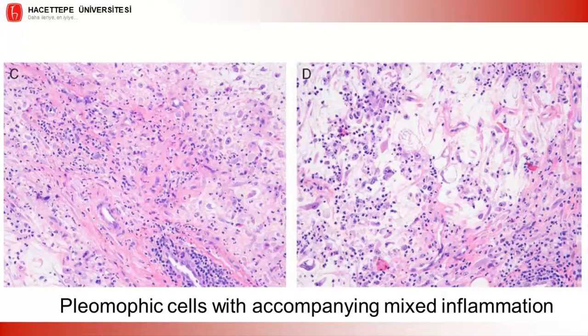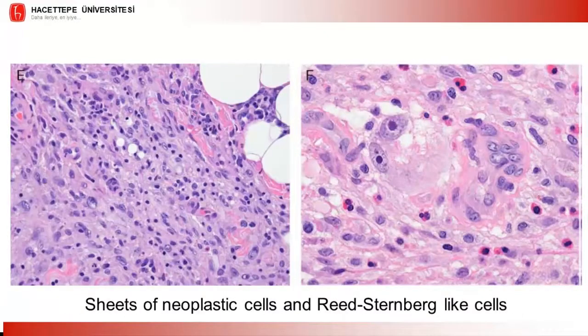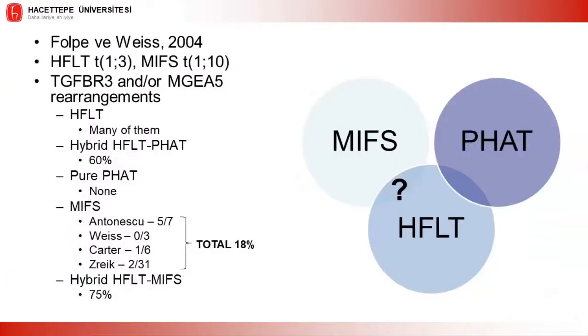Those ugly-looking cells look like Reed-Sternberg cells, and so the problem is coming from fat, and HFLT has been shown to be related by Folpe and Weiss in 2004, but the question mark is about the relation of HFLT with myxoinflammatory fibroblastic sarcoma.